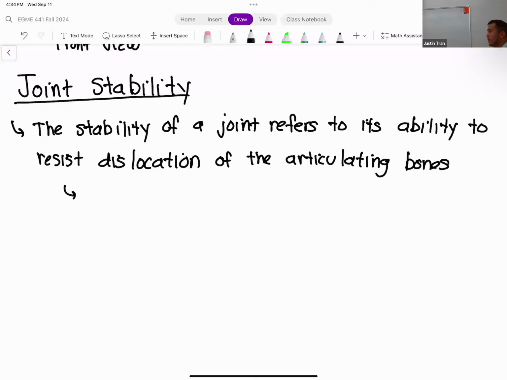There are quite a few factors that affect joint stability. The first factor is simply the geometry of the joint itself, and how the bones literally fit into each other.